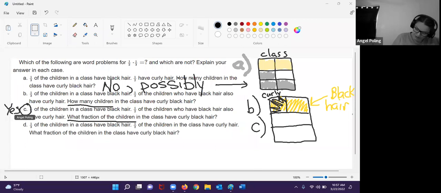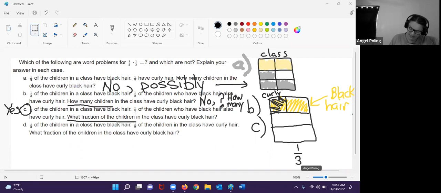So here we have a no because we don't know how many. 2? I don't know. Right? Okay. And in C, we have a yes because our beginning quantity was 1/3.